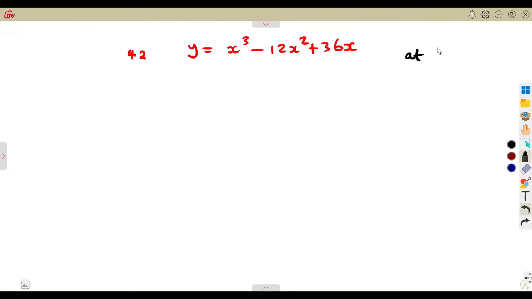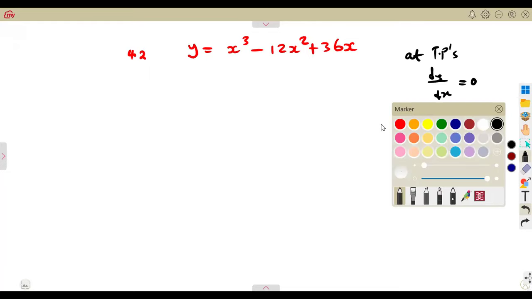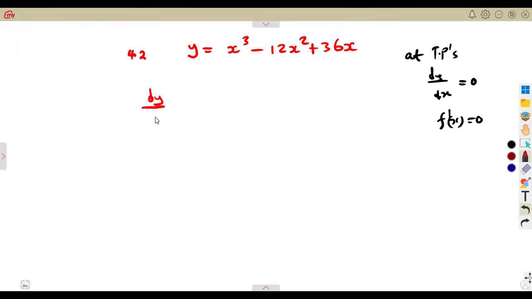Remember, at the turning points, the first derivative of y with respect to x is supposed to be equal to 0. So let's determine the derivative of y with respect to x. We're going to drop the exponent. That's 3x squared.